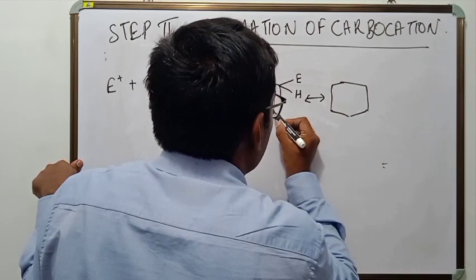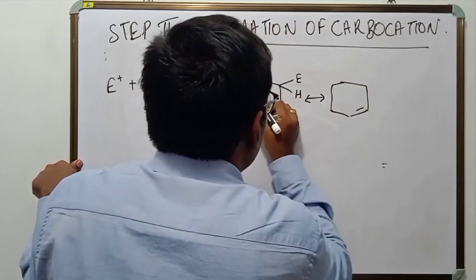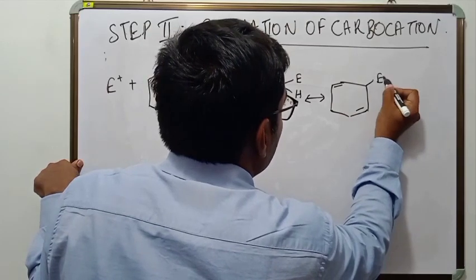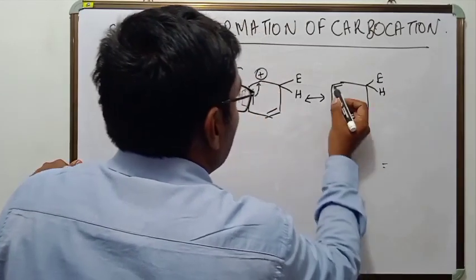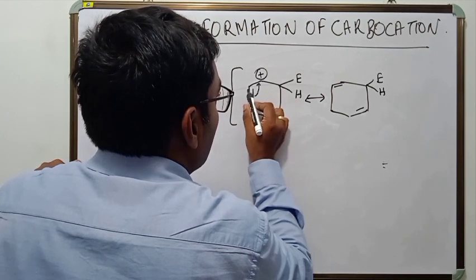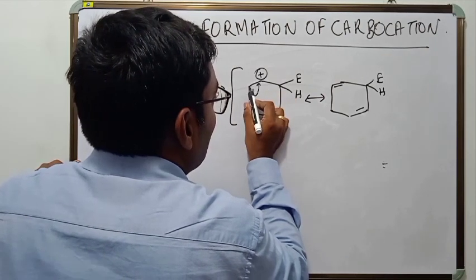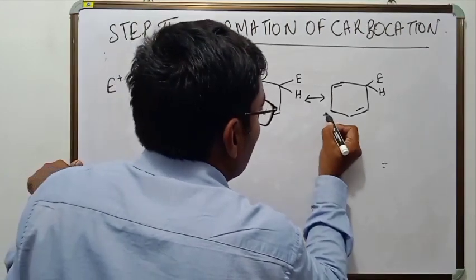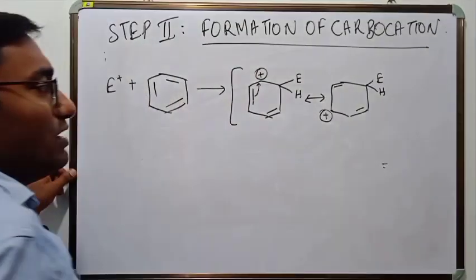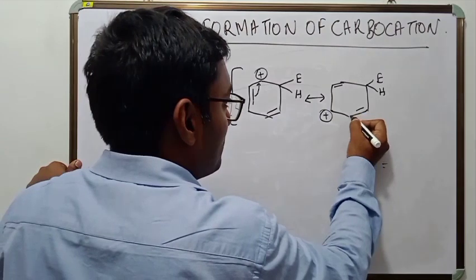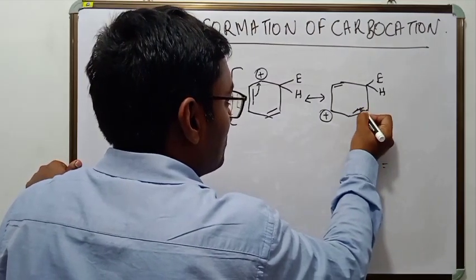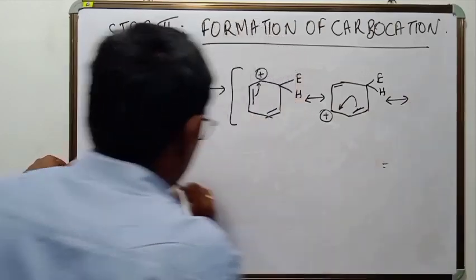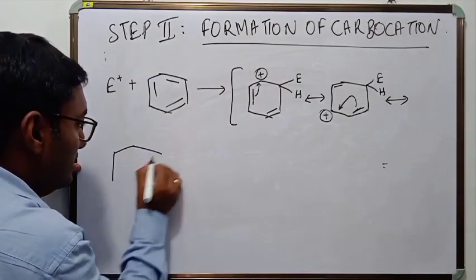In that second structure, nothing happens here. This pair jumps here. You write the E and H. If this electron pair jumps here, nothing would happen to this carbon atom. The electron has actually been taken from this carbon atom, so the positive sign will come here. Now in the third way, to compensate for this loss, this electron pair would jump here and we get a third structure, which is something like this.